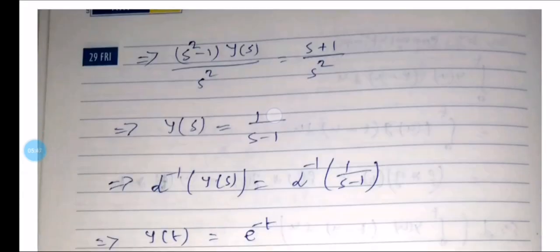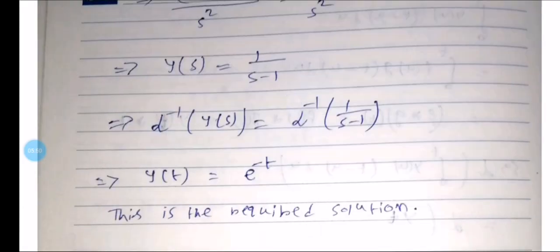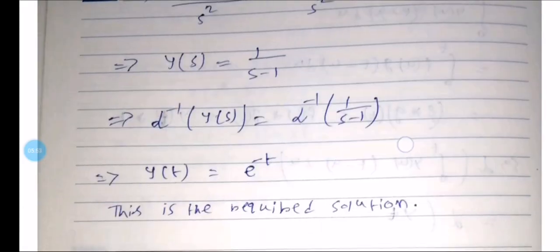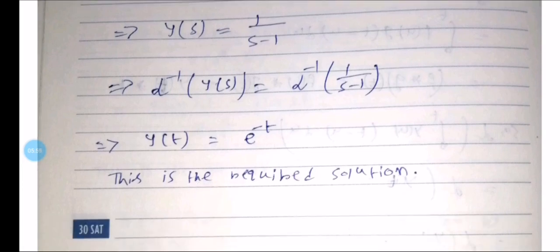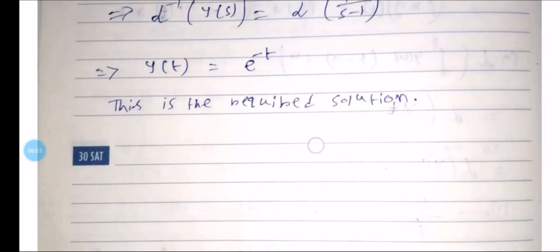After a little calculation, you will finally get Y(s) equal to this. If you now take the inverse Laplace transformation of both sides, L inverse of 1 by (s minus 1) is e to the power t, so y(t) equals e to the power minus t. This is the required solution.